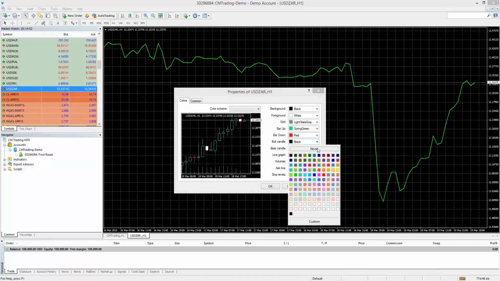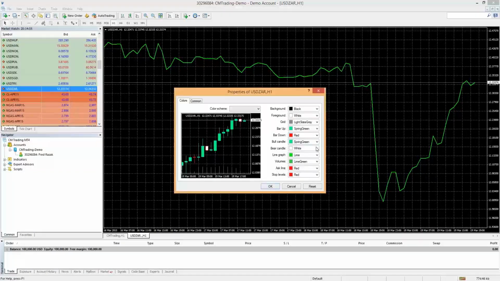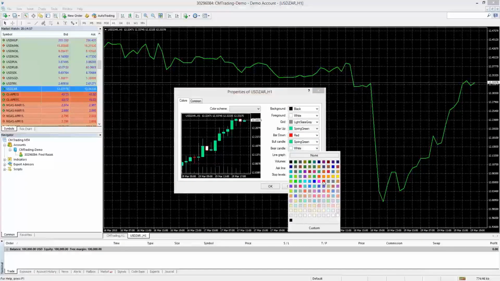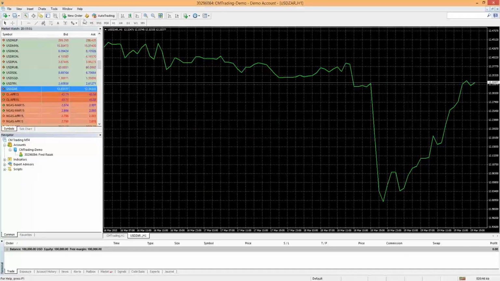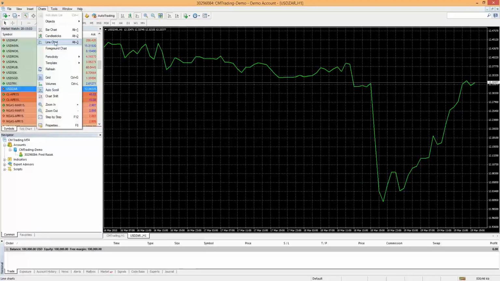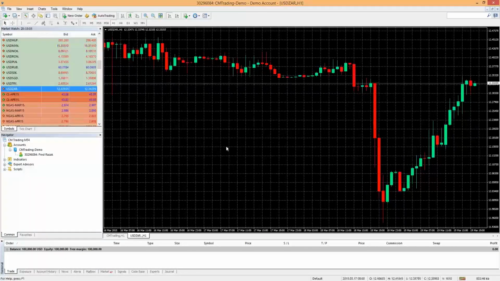And then the bull chart to be green again, and the bear chart to be red as well. And then I press reset, and it should come up on the candlesticks. There you go. I generally go with this format because then I can see what's up, what's green, what's down. But generally, you could do however you'd like.